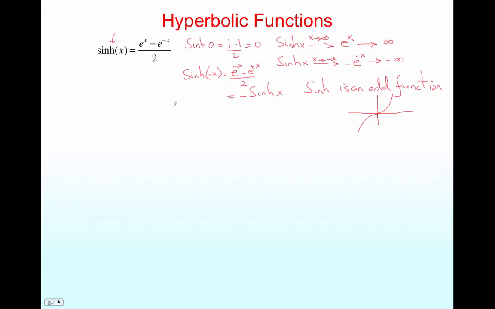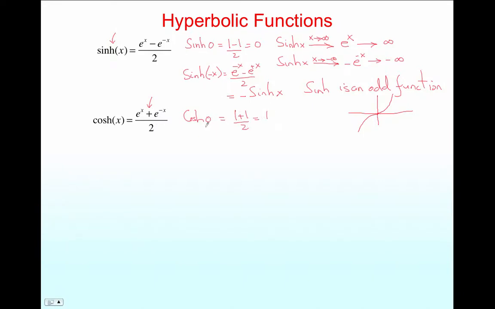But before going on, let me define another hyperbolic function, and that's the hyperbolic cosine, or what is called cosh. The only difference is that here there is a plus sign instead of a minus sign, and you can see immediately the difference is going to result in cosh of 0 being 1 plus 1 over 2, and that's 1 itself.